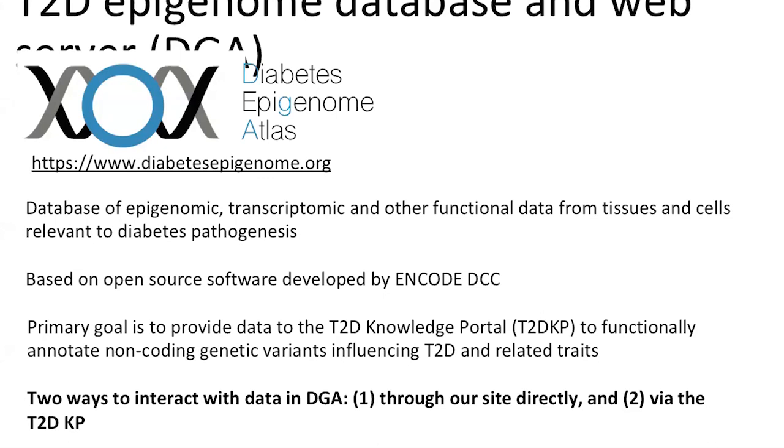As part of this resource, we have collected and reprocessed sequence data from thousands of epigenome assays and developed tools to intersect genetic variants with relevant epigenome annotation. One of the highlights is we have also developed platforms within our system to enable integration with other resources such as the T2D Knowledge Portal. Next slide.